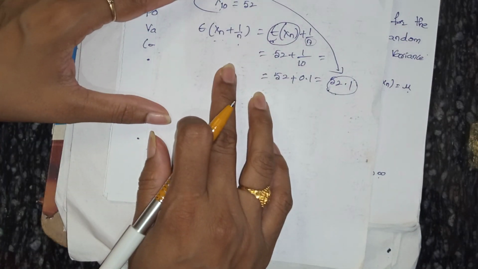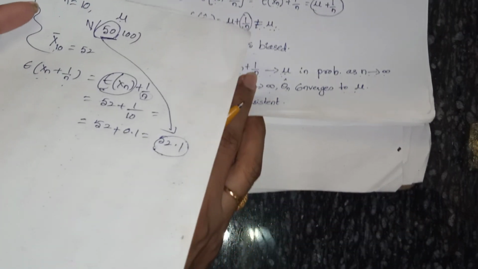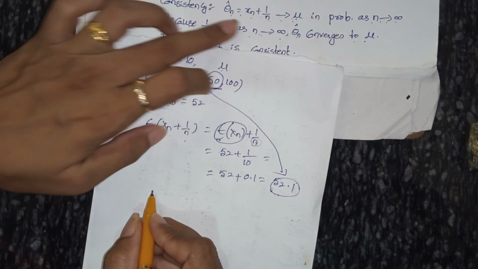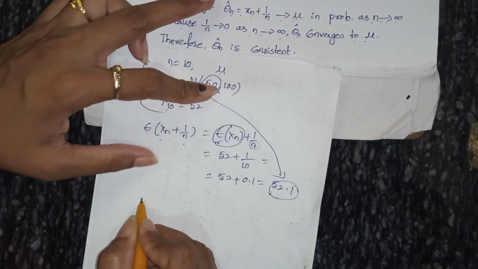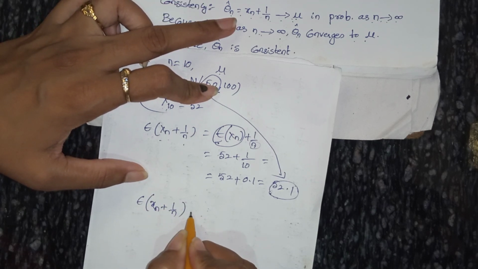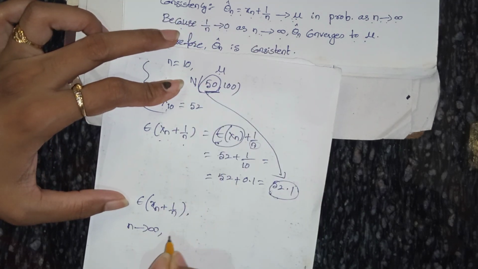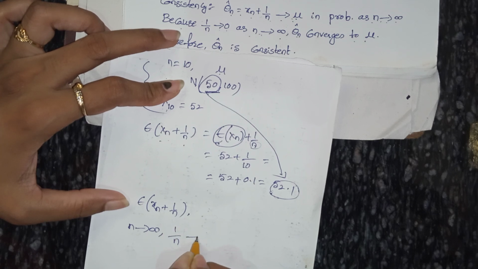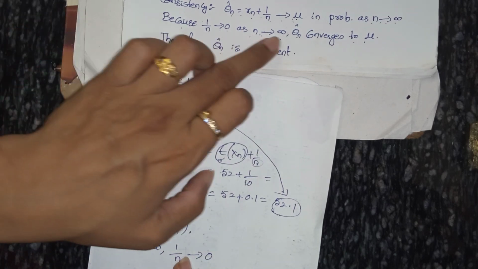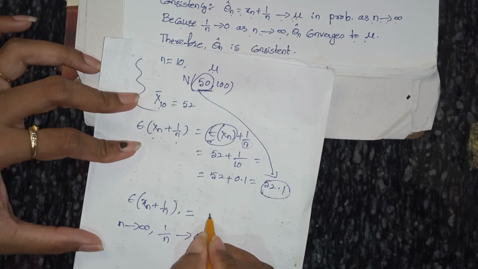The same example we'll take. Theta n, expectation of Xn plus 1 by n. Here n tends to infinity, so 1 by n tends to 0. Now we'll substitute the values.